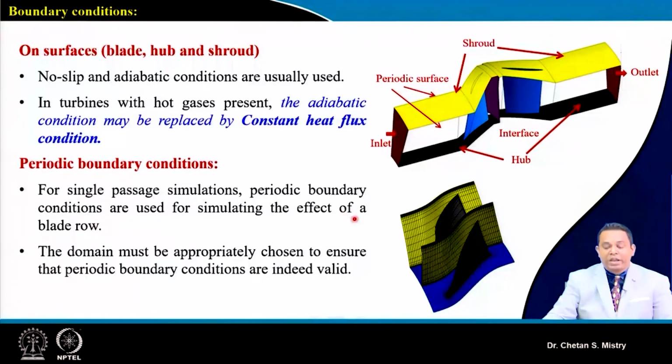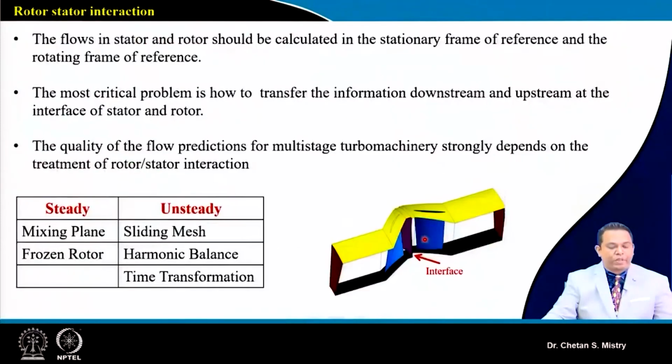So we need to select this periodic boundary condition, or we need to select that surface, or make this periodic surface such that it will exchange the data between these two rotor blades. So basically, in order to save computational power and time, we are analyzing our flow domain by using this periodic flow configuration. We are analyzing maybe one blade or two blades. It depends on what kind of flow physics we are looking for.